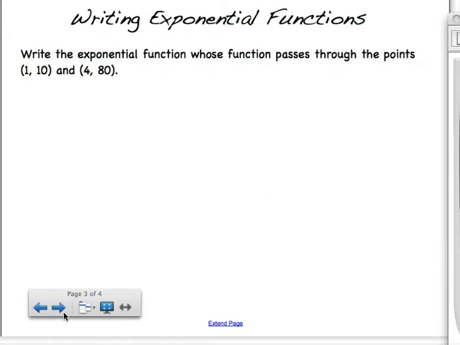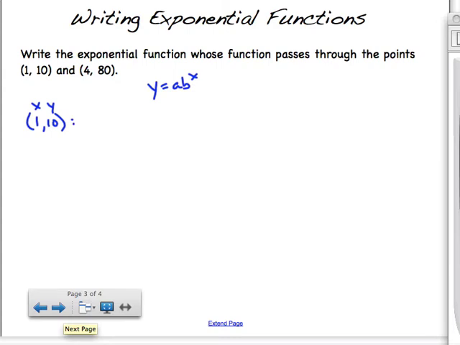It says, write the exponential function whose graph passes through the points (1, 10) and (4, 80). Now, again, remember that we have the most generic form of the equation, y equals ab to the x. So if I take that first point, (1, 10), I know that 1 is the x and the 10 is the y. So I'm going to plug that into the generic form.